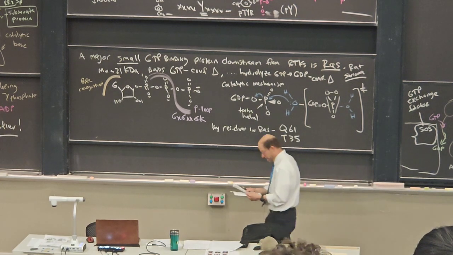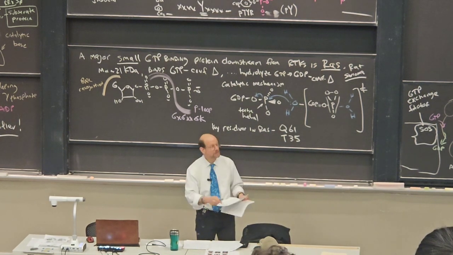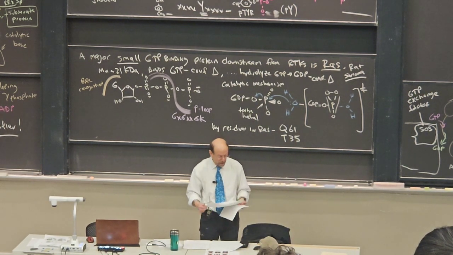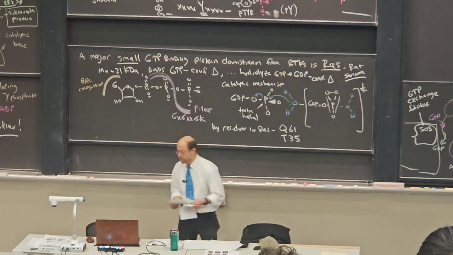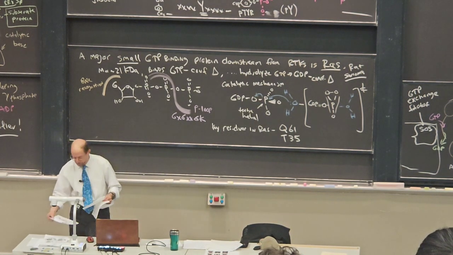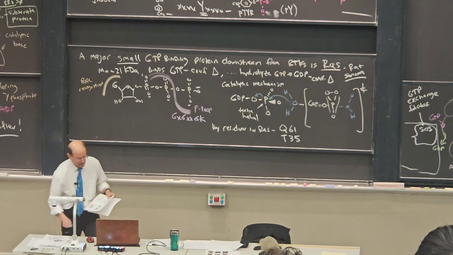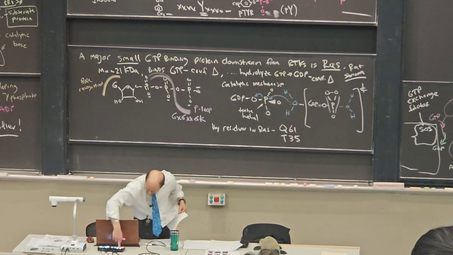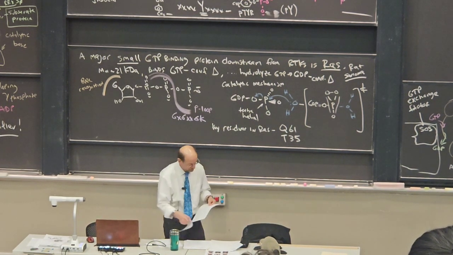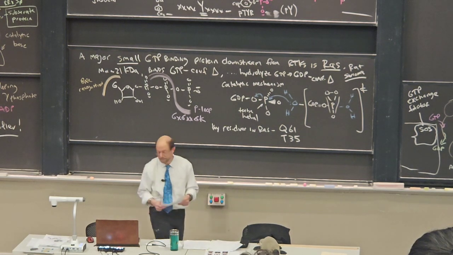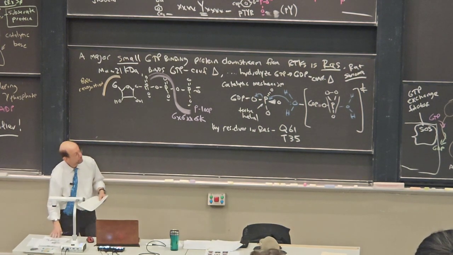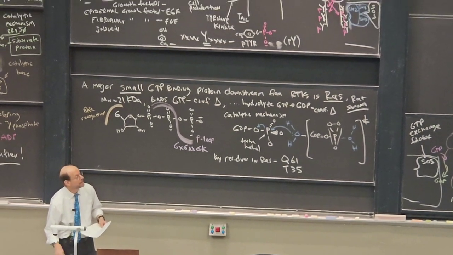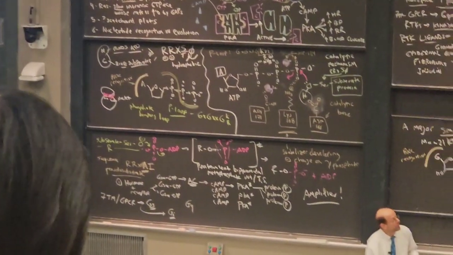Now, in addition to helping activate that water molecule, there are also residues in the P loop of RAS. Here I'm showing you RAS bound to GTP. This is in your handout. I'm focusing here on that P loop.